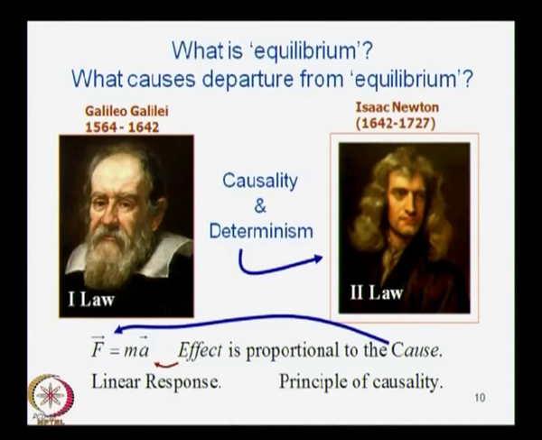So, you have a cause effect relationship, and it is this departure from equilibrium which Newton explained, and this is called the principle of causality and determinism. In fact, it is a rigorous mathematical statement that the cause is what is called a force, the effect is the acceleration, because the acceleration is a measure of the departure from equilibrium.